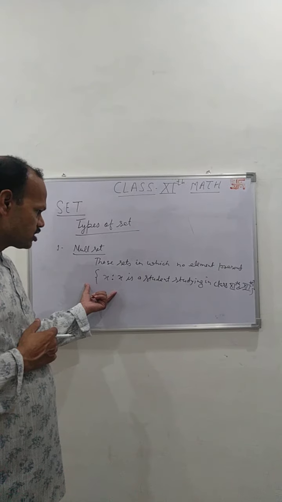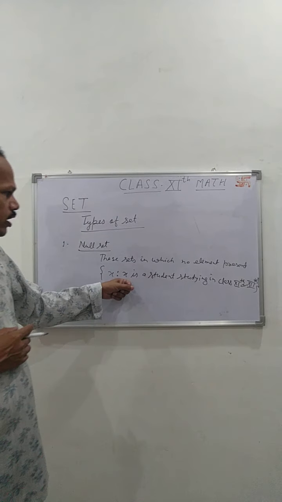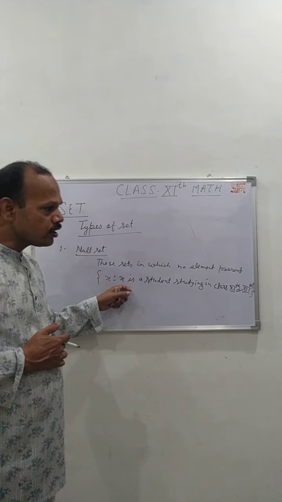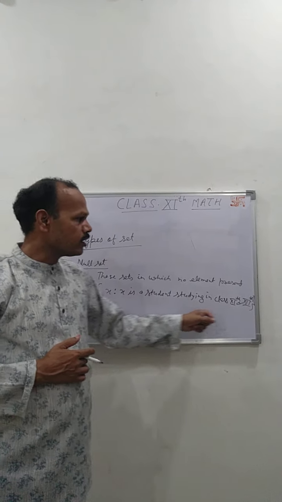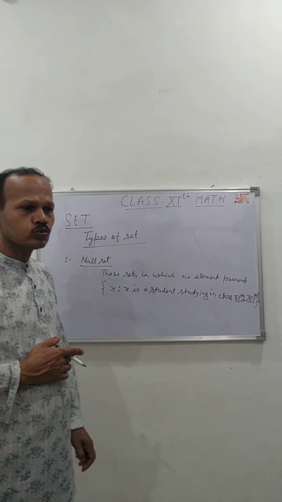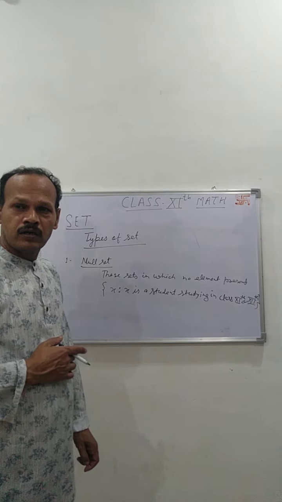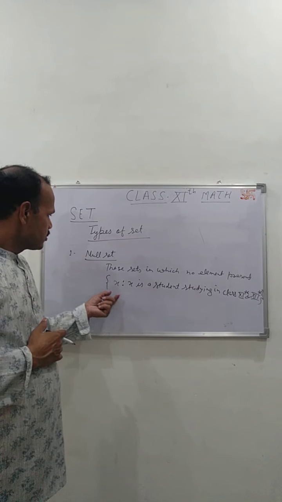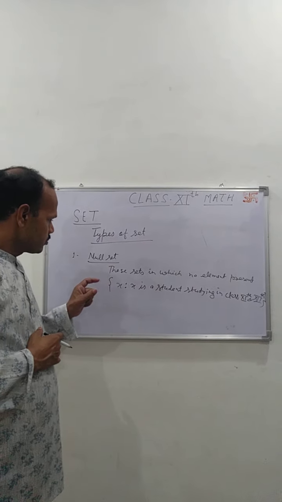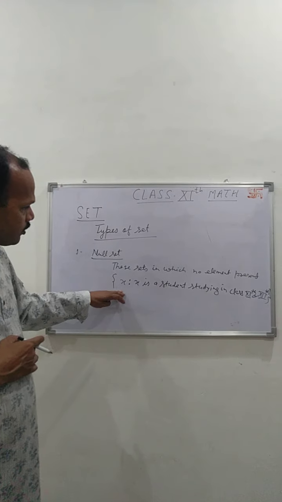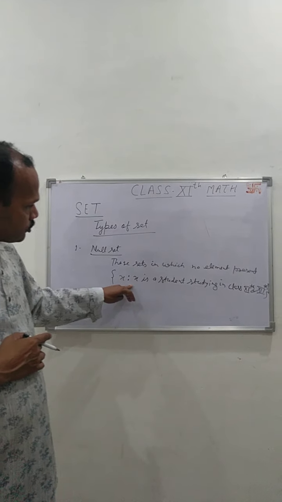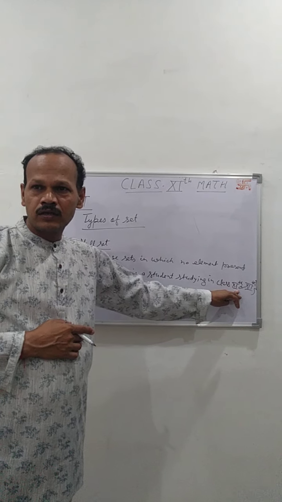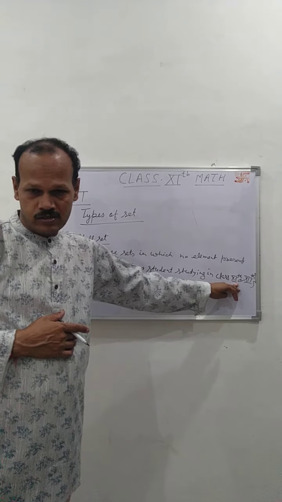Why? We can justify it. Here x is a student. A student studies only in class 11th, otherwise in class 12th. One student never takes both classes. So we can say it is a null set. When we write only x such that x is a student studying in class 11th, then it is not a null set.